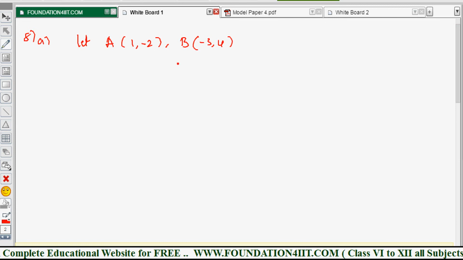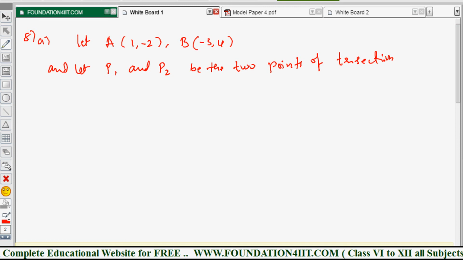So let P1 and P2 be the 2 points of trisection. Okay. So if you see the diagram, now this is the line segment.